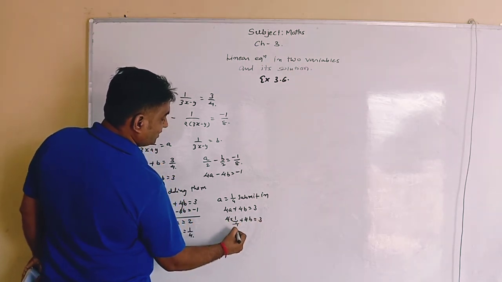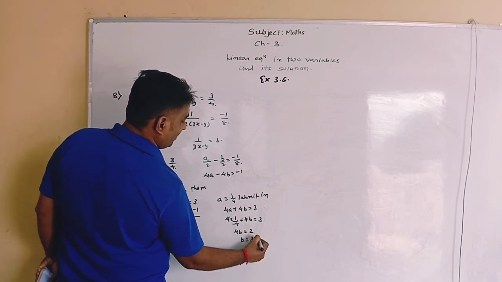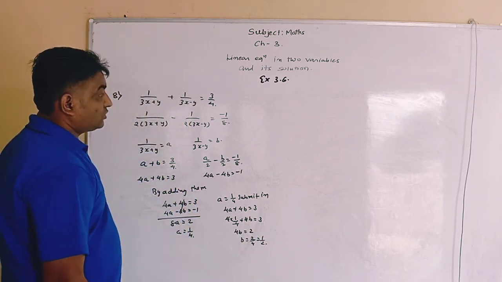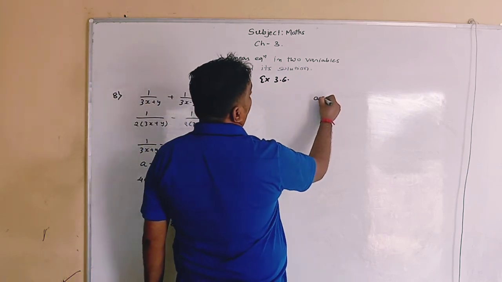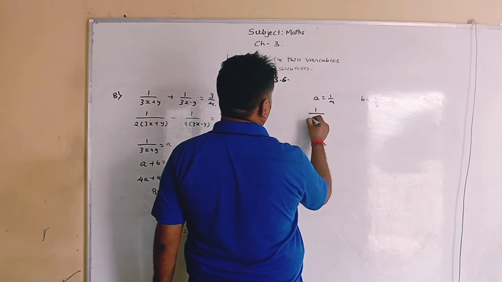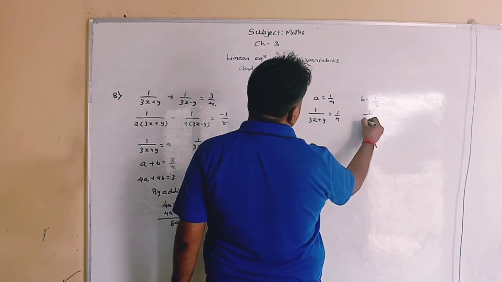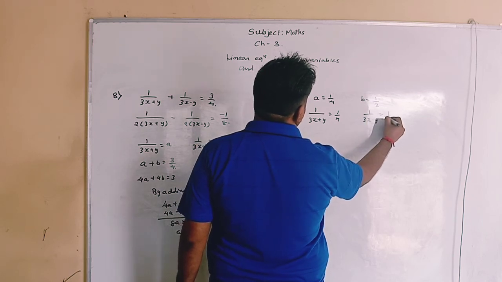So the 4s cancel, so 4b equals 2, and so b equals 2 by 4, which is 1 by 2. And so a equals 1 by 4, b equals 1 by 2, so 1 by 3x plus y equals 1 by 4, 1 by 3x minus y equals 1 by 2.